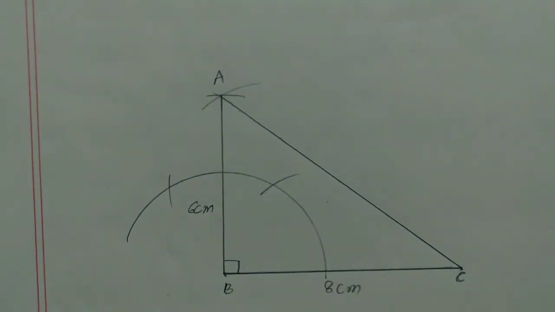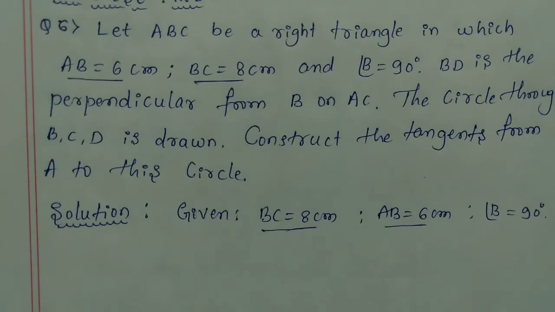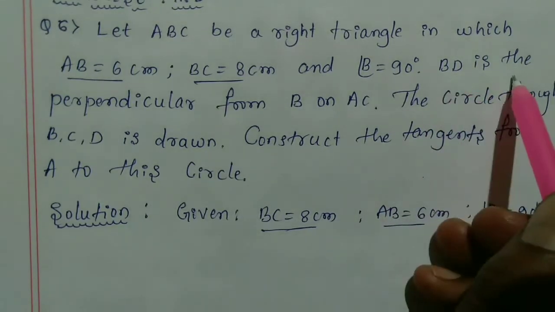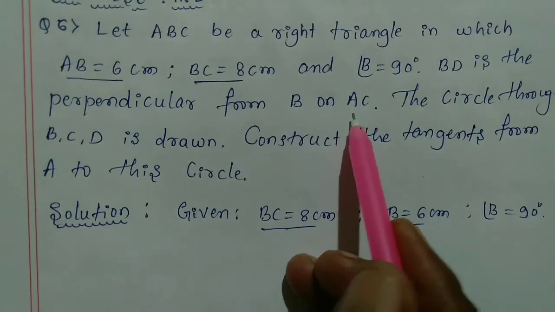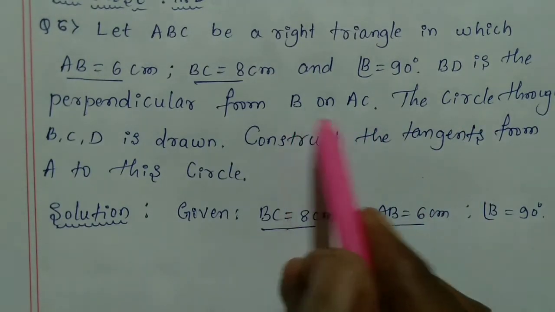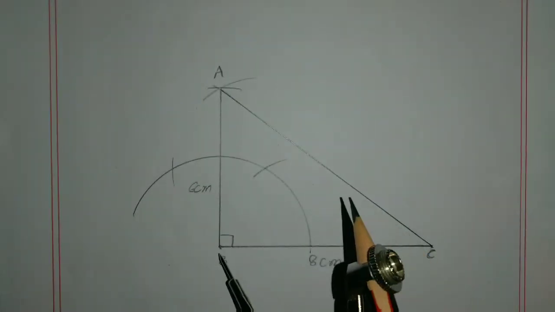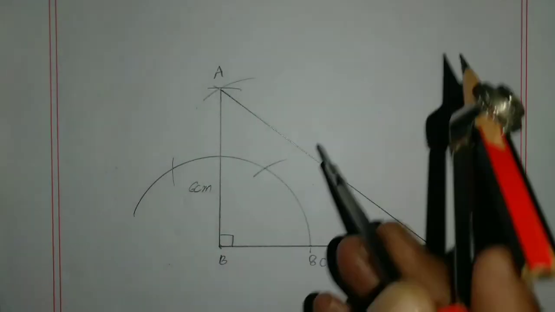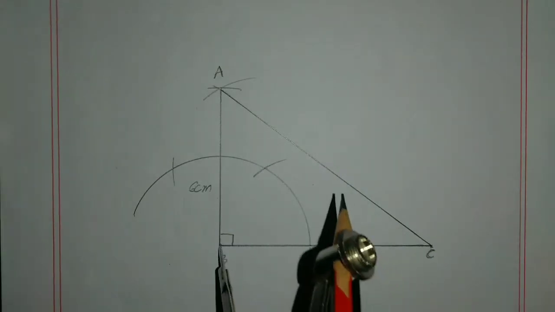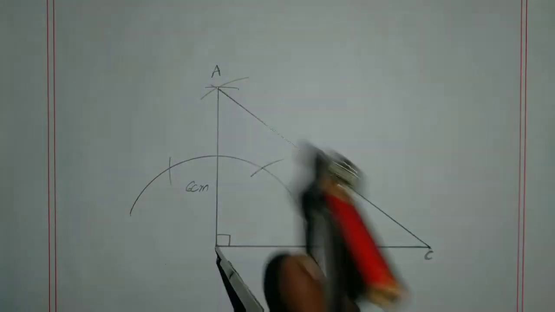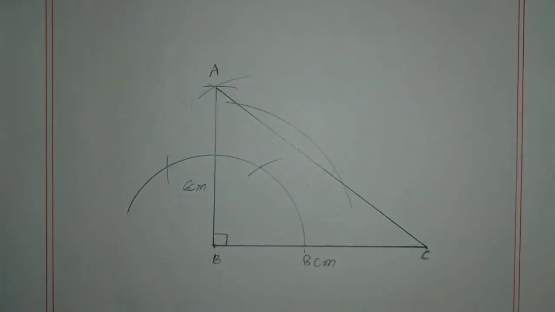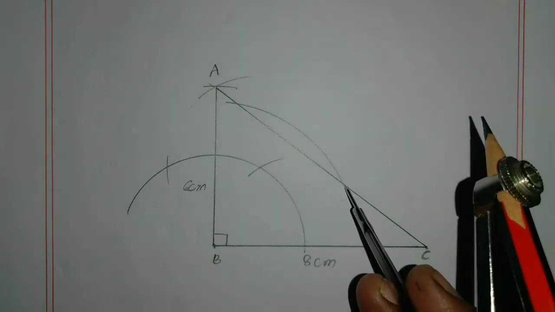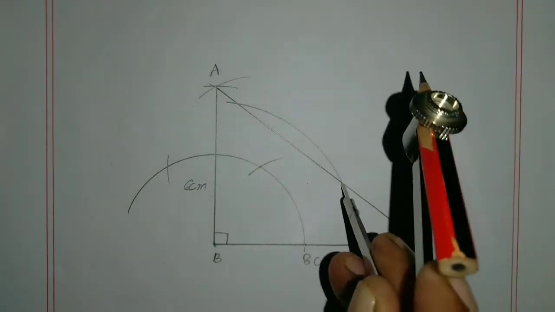So next is BD. BD is perpendicular from B on AC. You can draw BD perpendicular from B vertex to AC. So next you can draw BD perpendicular to AC from this B vertex. Okay, so you can take this much radius and just draw one arc. Okay, so this arc intersects this AC here and here.